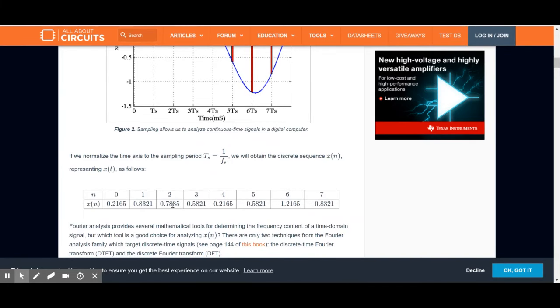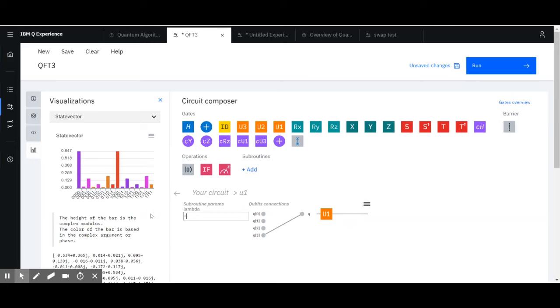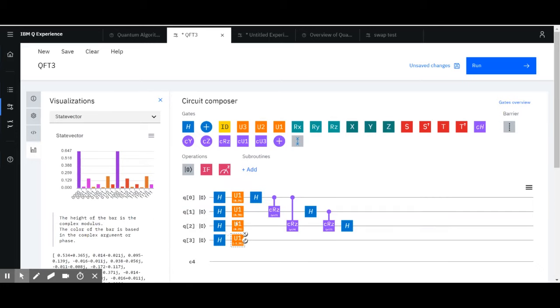Minus 1.21. So this is my input. Let's just start from scratch.